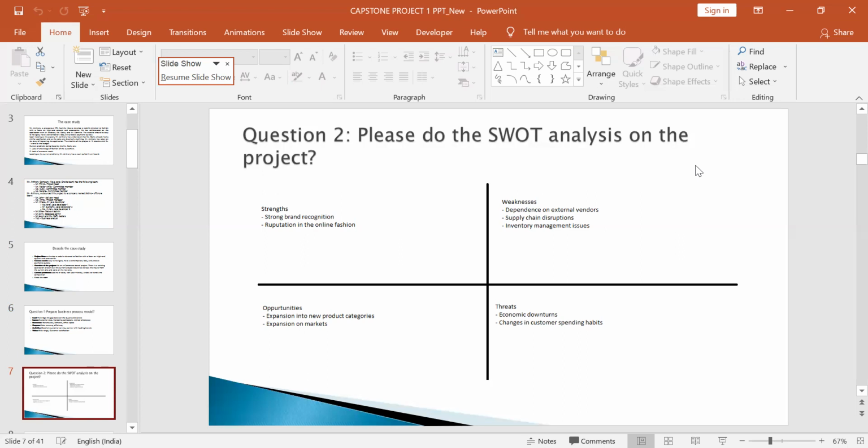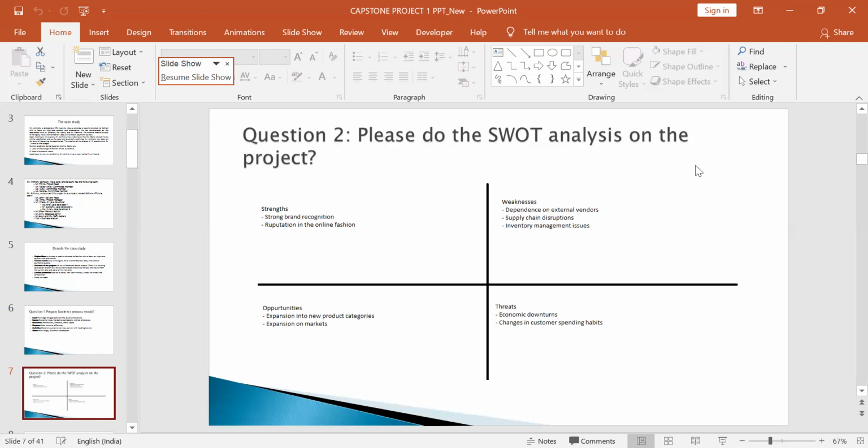The weakness is that it depends on the external vendors, so supply chain distribution and inventory management issues, so it's a weakness. The opportunity is expansion into new product categories, and expansion into the markets, different markets we will be there. Okay, then threats: the economic downturns, changes in customer spending habits.